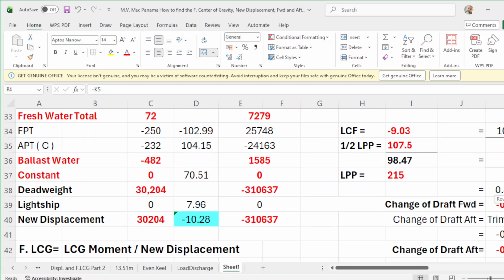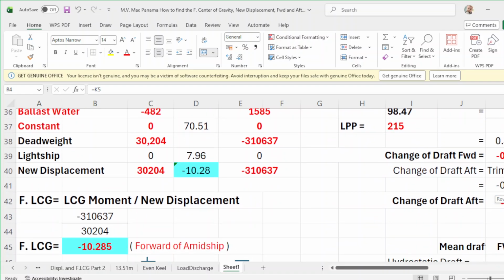So how to get the final LCG? The final LCG is the LCG moment, which is this one, divided by your new displacement, which is 30204. Negative 310637 divided by your displacement of 30204, and your final LCG is negative 10.285.